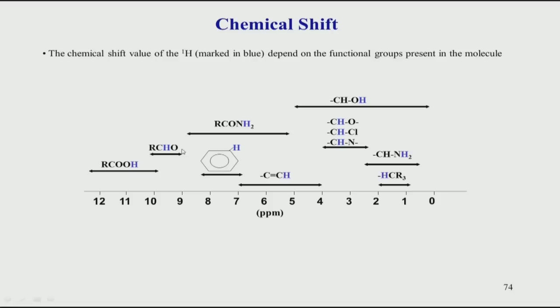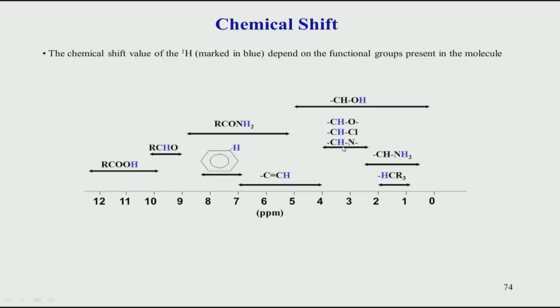You can see here different compounds and functional groups are shown. For example, amide hydrogens typically appear between 6 to 8 ppm. The aldehydes come very much downfield, and the aromatics come somewhere between 7 to 8. You have to keep your eyes on this proton here, the one shown in blue color, as we are looking at the chemical shift of this proton.